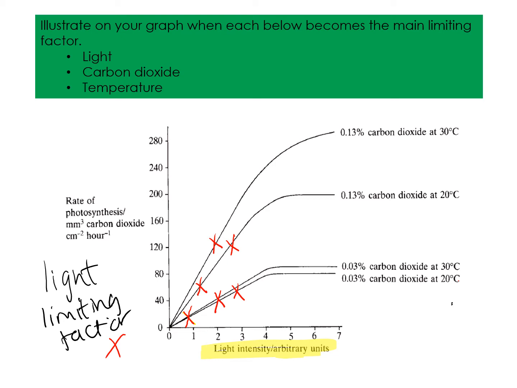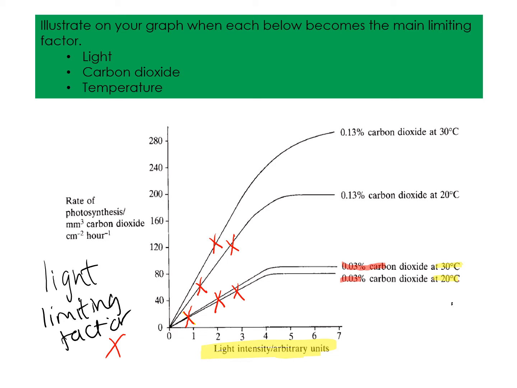So this is where we can see the other factors that have been investigated in this graph. We can see that we've got an experiment where the carbon dioxide concentration is low, and we've changed the temperature.